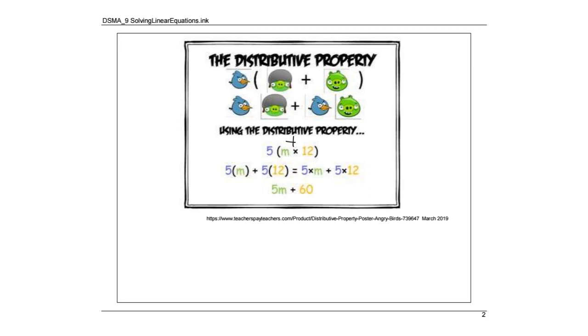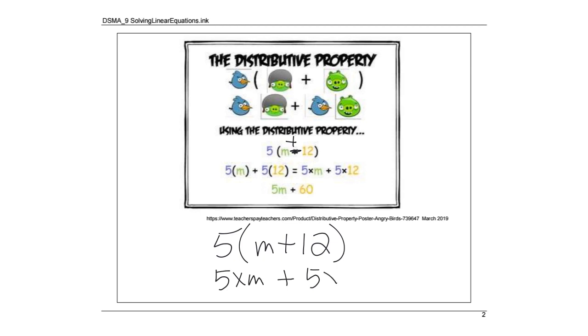What we're going to do, that's supposed to be a plus sign, is if we have a number out front of the parentheses, this is really multiplication. And so we're going to take 5 times m, put our plus sign back in.